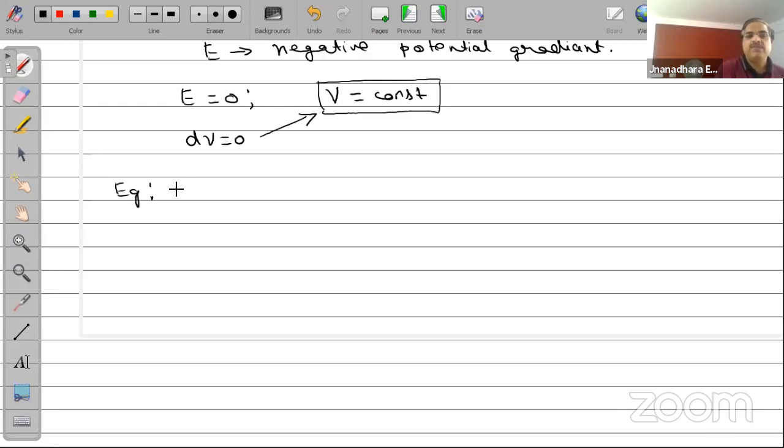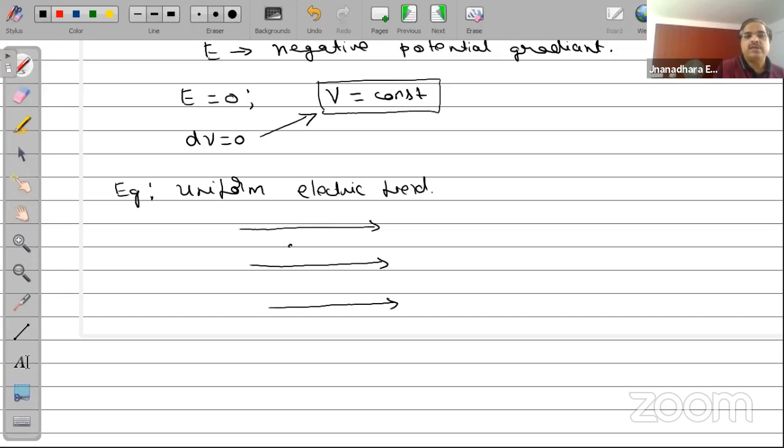Now some examples will be helpful here. If you consider a uniform electric field like this, then the potential at this point, call it 1, and this point 2, will be V1 and V2.